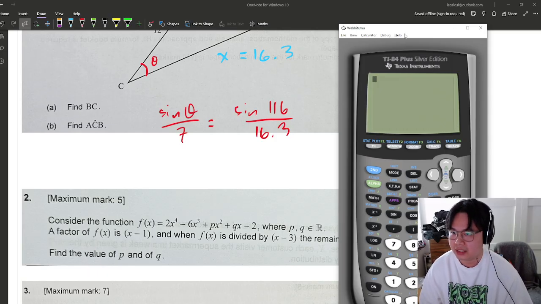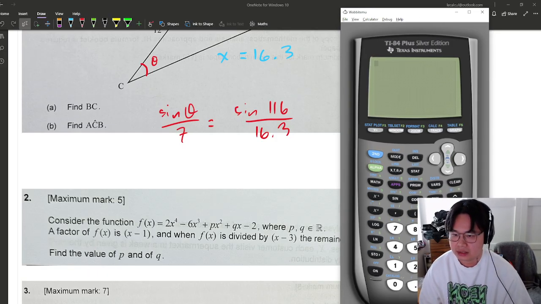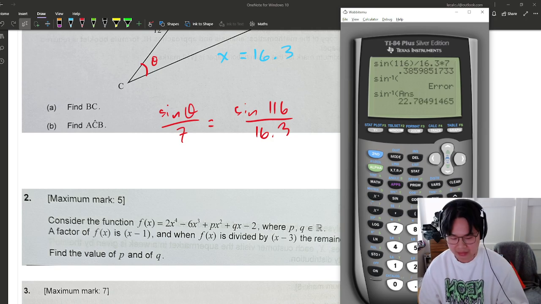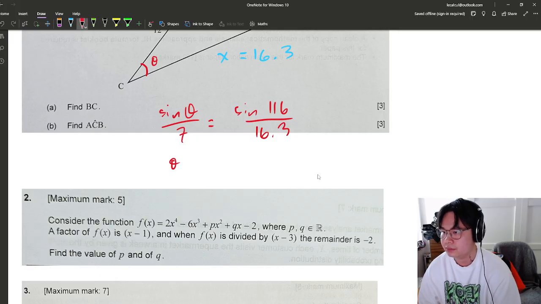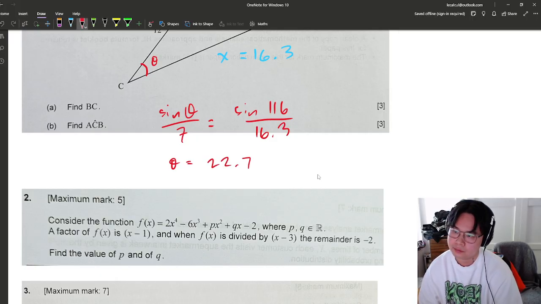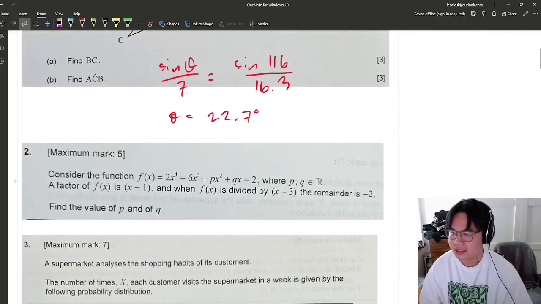Oh, I probably shouldn't have cleared that. Oh well. Sine 116 divided by 16.3 times 7. Okay, so this is sine of your angle. Take the arc sine of this. 22.7 degrees. Sure, standard SL level question.